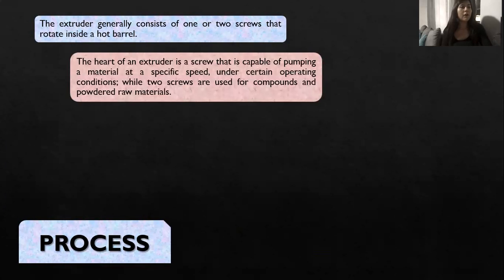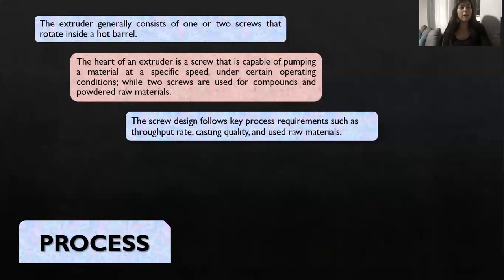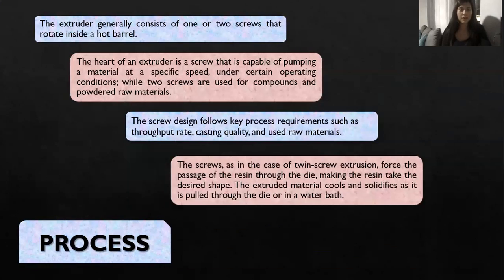The heart of an extruder is a screw that is capable of pumping a material at a specific speed under certain operating conditions, while twin screws are used for compounding powdered raw materials. Then the screw design follows process requirements such as throughput rate, casting quality, and use of raw materials.